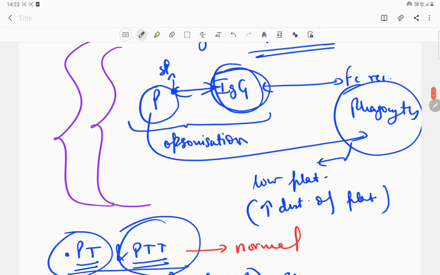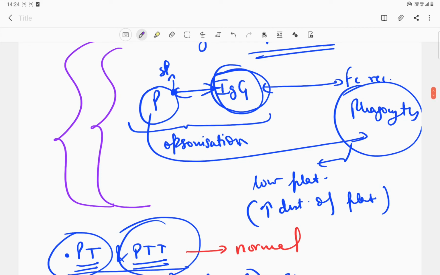With platelet, IgG and phagocytes, these three things present, what can we do to help the patient? The first thing we can do is inhibit these phagocytes. By suppressing their function, the destruction of platelets will be less, so the platelet count would not get very low and spontaneous bleeding wouldn't occur.